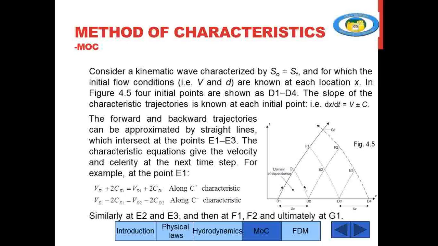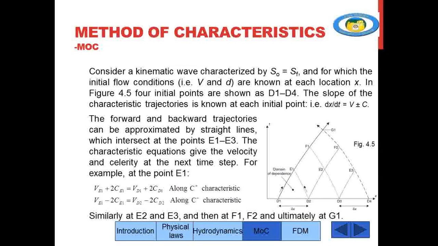This would again pass through E1, so that should give you the Riemann invariant at E1, which is VE1 minus twice of CE1. Since we know the values on the right-hand side, we can simultaneously solve this set of equations, and that should give you the velocity and the depth at E1.